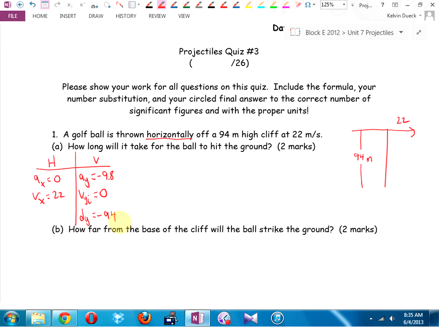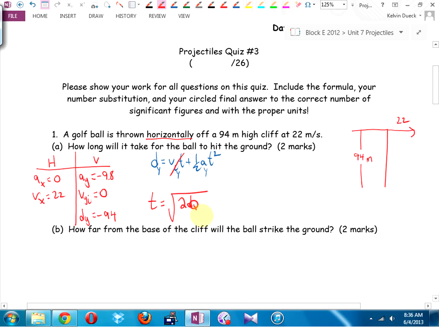I think we ended up going with d equals VIT plus a half AT squared, but it's vertical, vertical, vertical. Conveniently, Matt, woohoo! I think we ended up with t equaling the square root of 2 times dy all over a, because we said times by 2, divide by a.